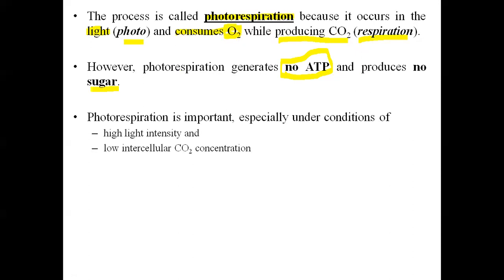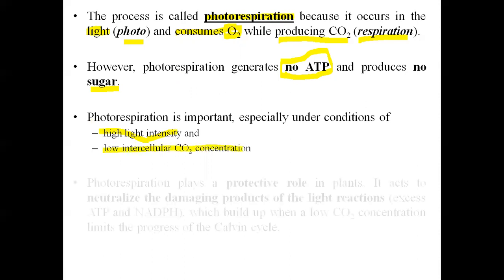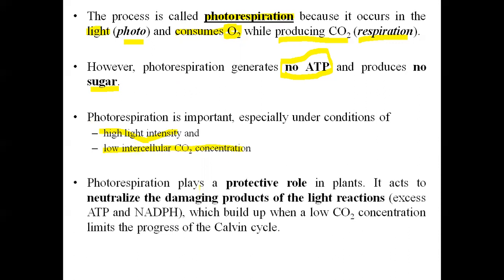Photorespiration is important, especially under the conditions when there is high light intensity and when there is low intercellular carbon dioxide concentration. What is the benefit of photorespiration for the plants? Photorespiration plays a protective role in plants.